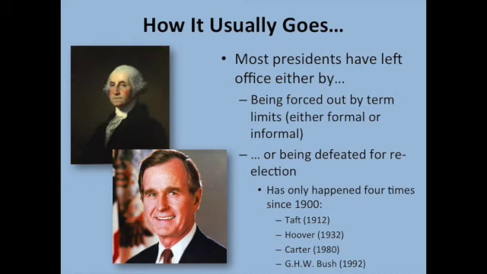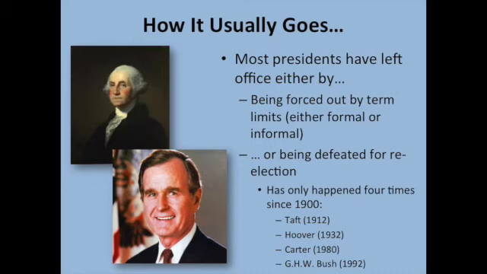There are some exceptions to the rule that we'll talk about on the next slide, but usually the president just leaves office because there's going to be a new president. The president leaves office either because he's being forced out by term limits, that could be formal or informal.